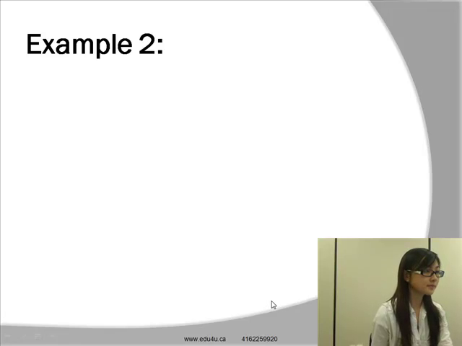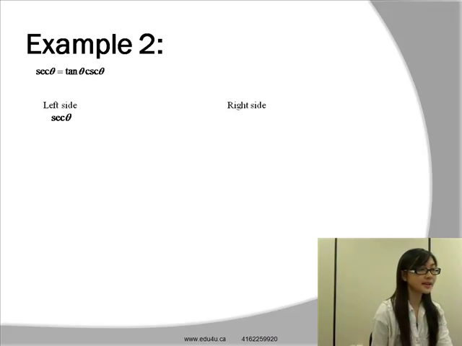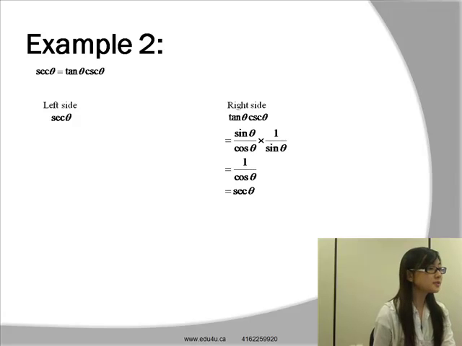Now let's take a look at example 2 from your learning resources. Secant theta equals tan theta times cosecant theta. We start out by identifying what is on the left side and what is on the right side. On the left side we have secant theta, on the right side we have tan theta times cosecant theta. The right side seems more complicated, so we'll start by working on the right side first.